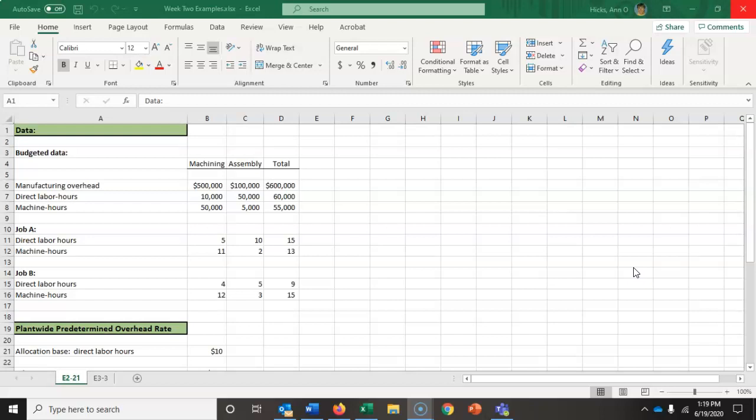So we took all of those costs, divided them by our estimated direct labor costs, and then allocated the resulting amount.